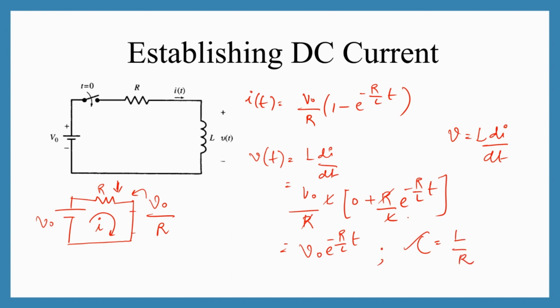So these are the two important expressions in case of a series RL circuit. One is I of t is equal to V naught by R 1 minus e power minus R by L t. The other is the voltage, V of t is V naught e power minus R by L into t. So looking at the expressions, we can actually guess the shape of the time domain response of this RL circuit.